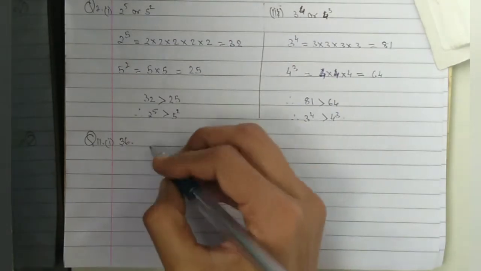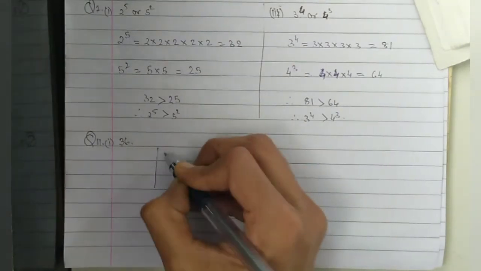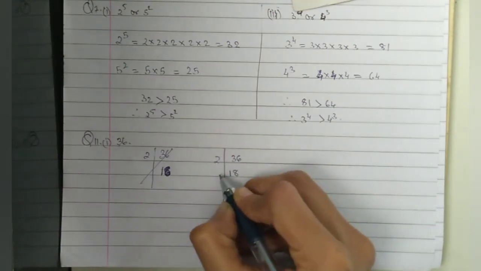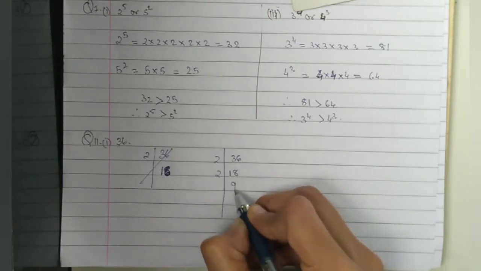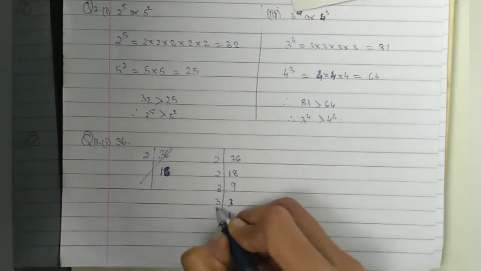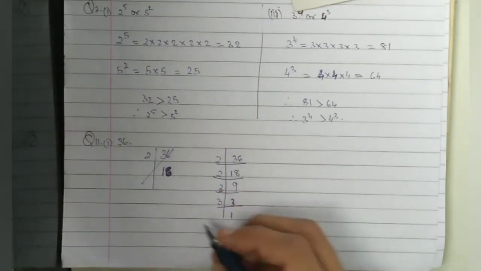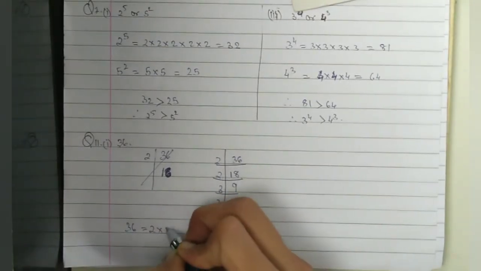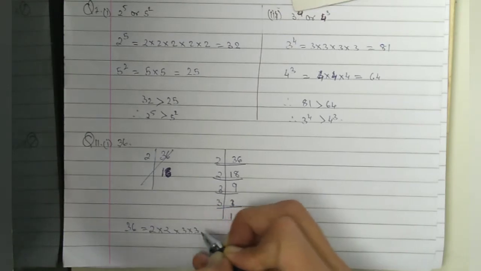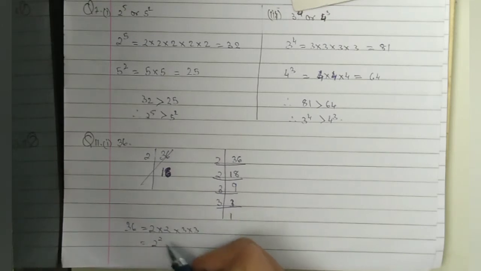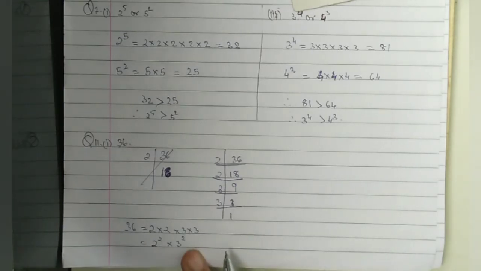So here we can use the prime factorization method. 2 1s are 2, 2 9s are 18, 3 3s are 9 and 3 1s are 3. So the prime factorization of 36 is 2 into 2 into 3 into 3. Okay, so how can we write it in power form? 36 is equal to 2 raised to 2 into 3 raised to 2. So this is called exponential form.